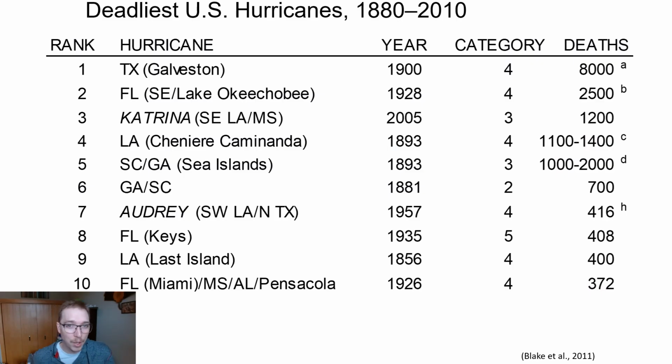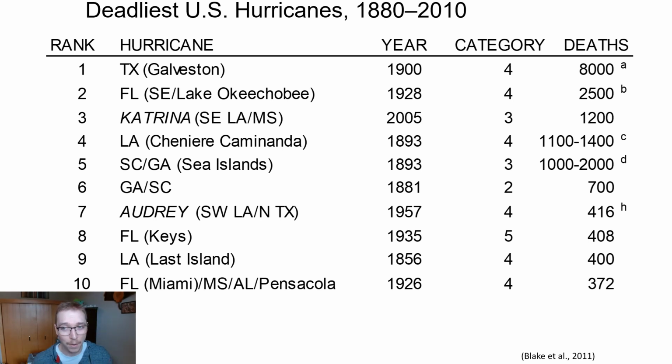We look at the deadliest hurricanes. Now, these don't always equate to the costliest hurricanes. The deadliest hurricanes from 1880 to 2010. We can see there was one in 1900 in Texas, in Galveston, before we really started to name storms. If we recall from a number of lectures back, this didn't start to really happen until the 1930s and 40s.